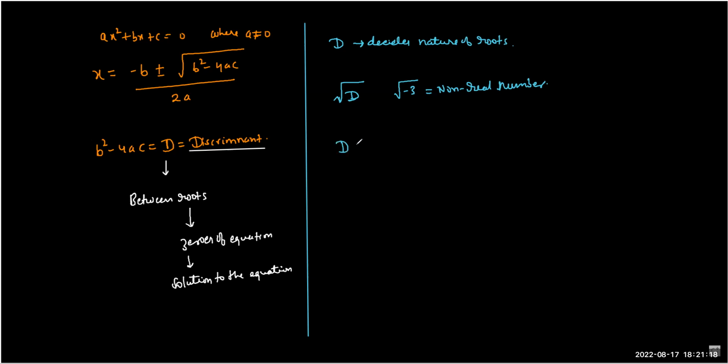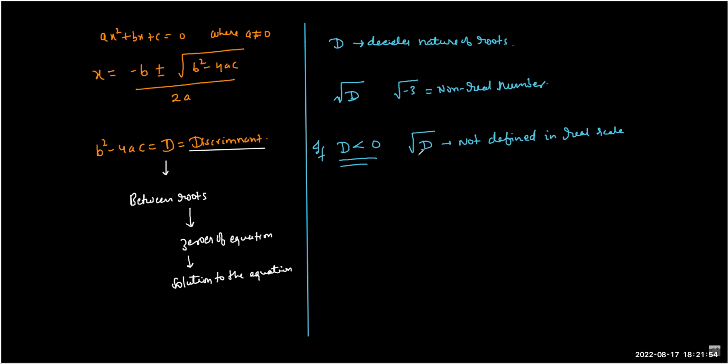So if D is a positive number, we'll start with the negative. If D is a negative number, what does it mean? It means we cannot calculate the value of this, which is root D. And because root D is not defined in a real scale, or you can say real number or anything real.